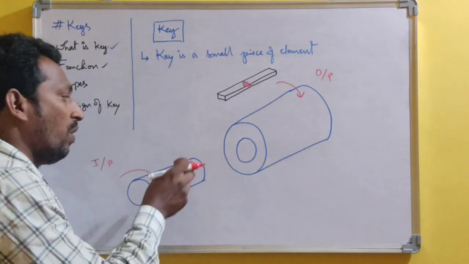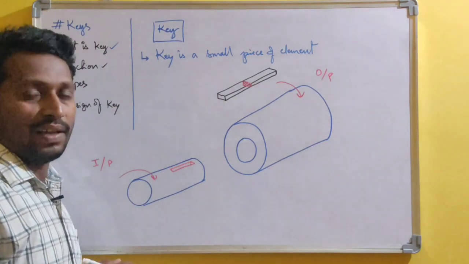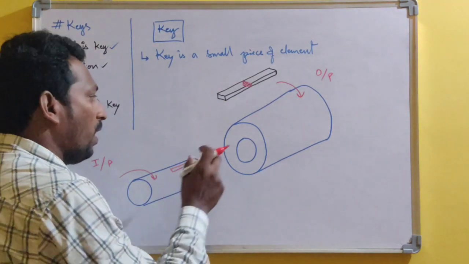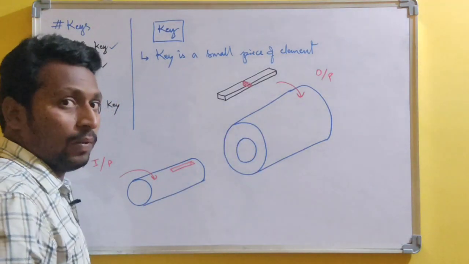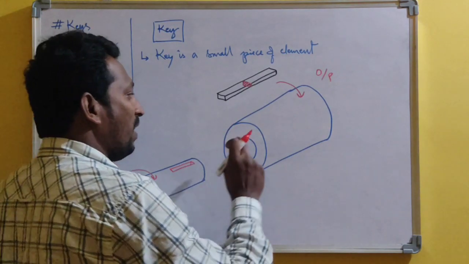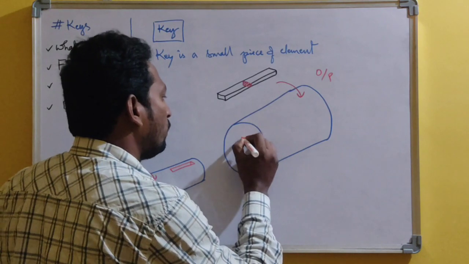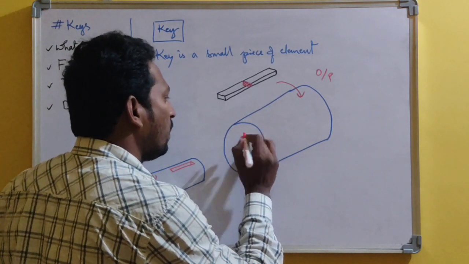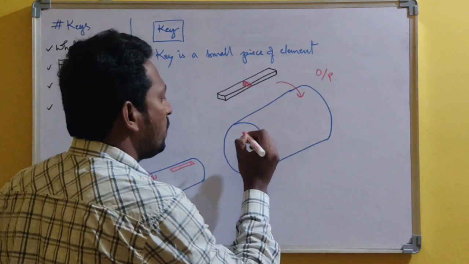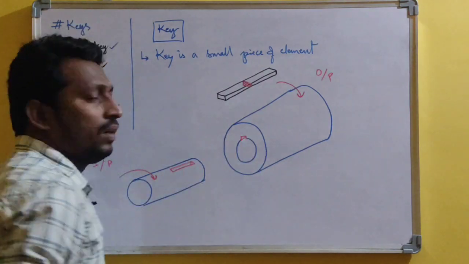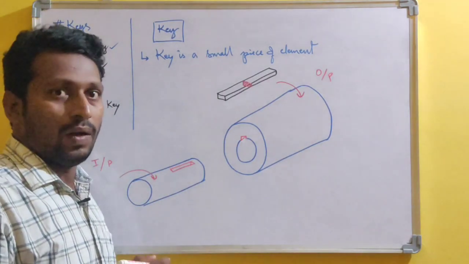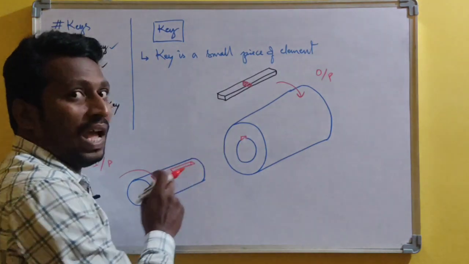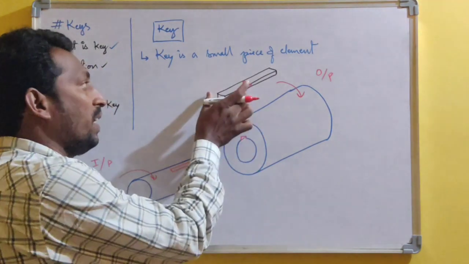And on the internal surface of this hollow tube, we have to make the same kind of rectangular slot. This is the slot we made with the same size as this rectangular slot. These two slots will have the same size as the key.